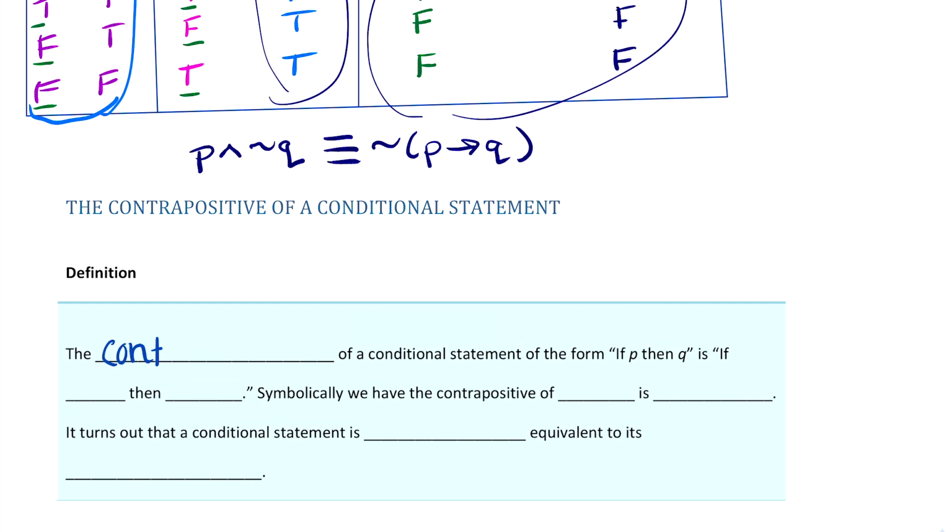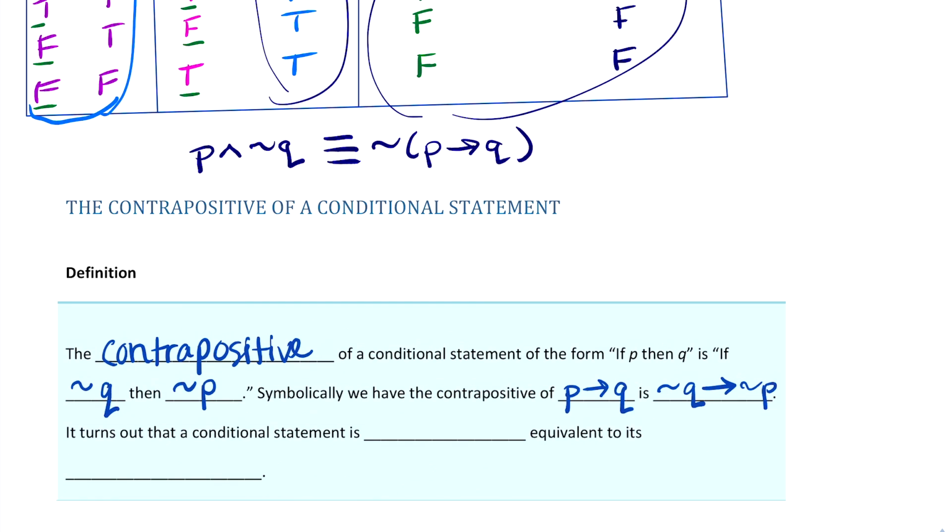All right. So the contrapositive of a conditional statement of the form if P then Q is if not Q then not P. Symbolically, we have the contrapositive of if P then Q is if not Q, then not P. So notice how they switch around.